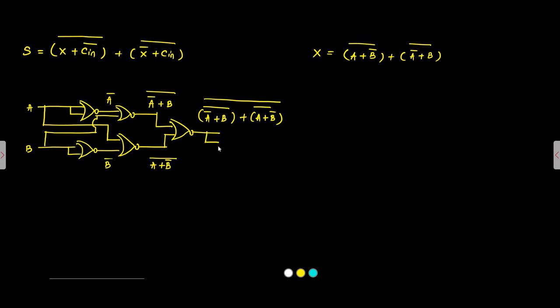Then if we pass it through the same NOR gate again, we'll get (A or B bar) complement or (A bar or B) whole complement, because this upper complement will be removed. So this is X. We have got X.